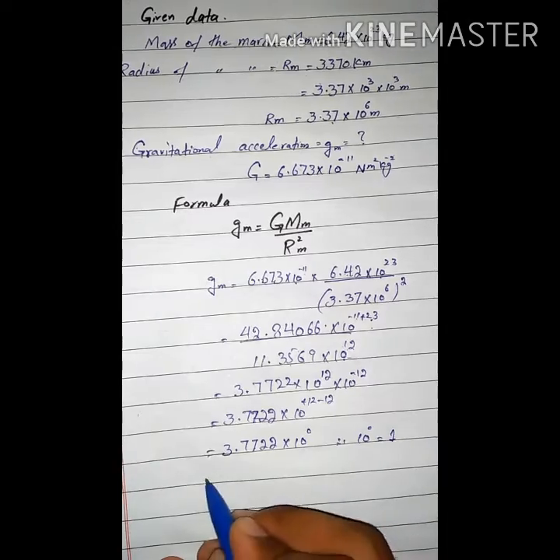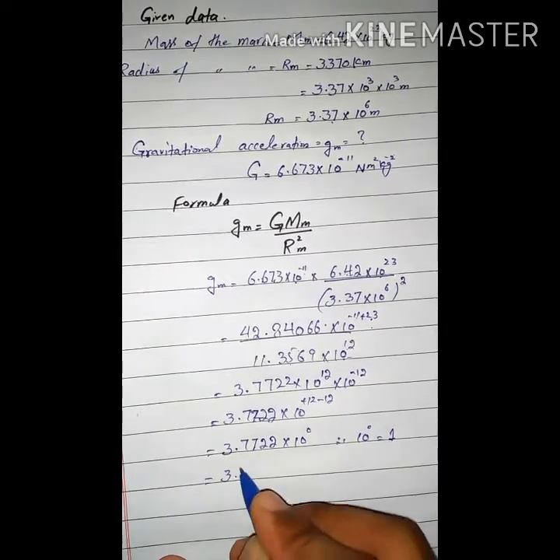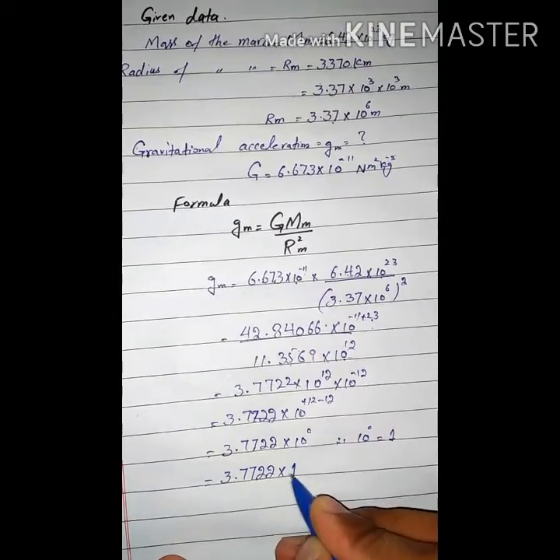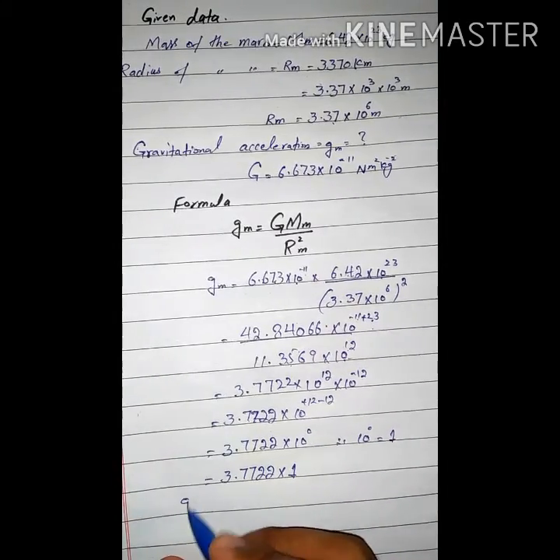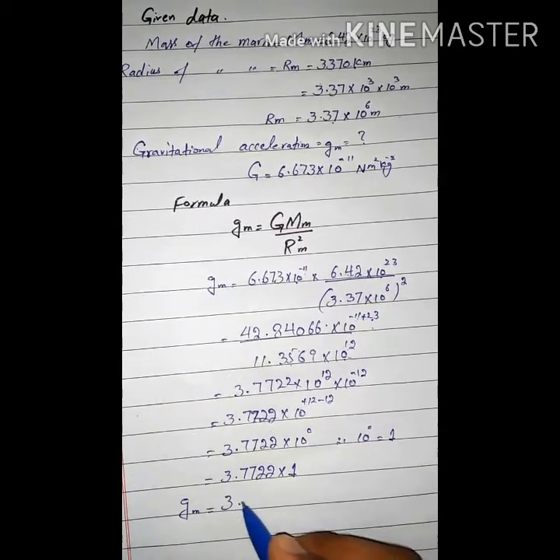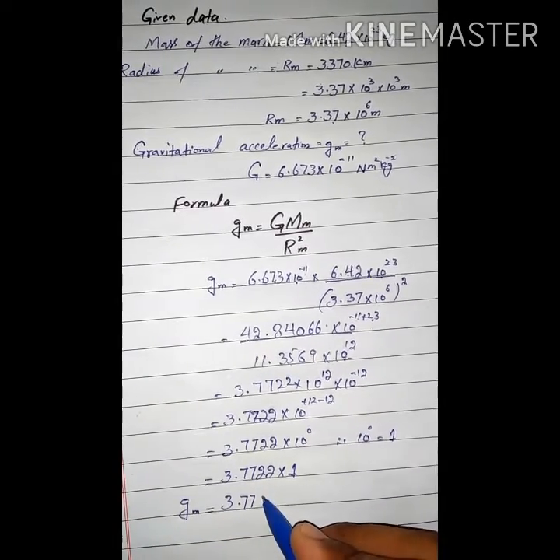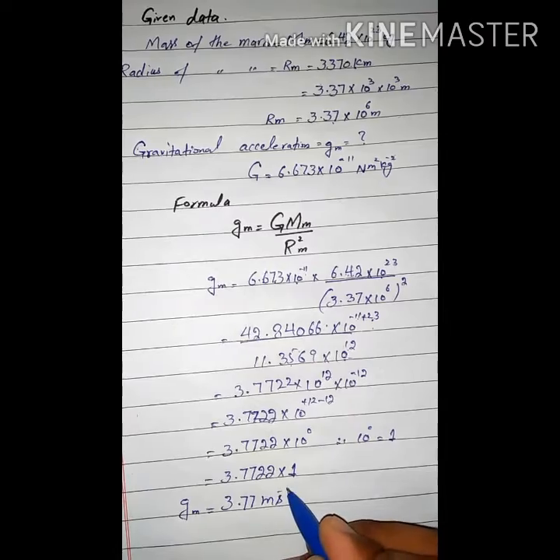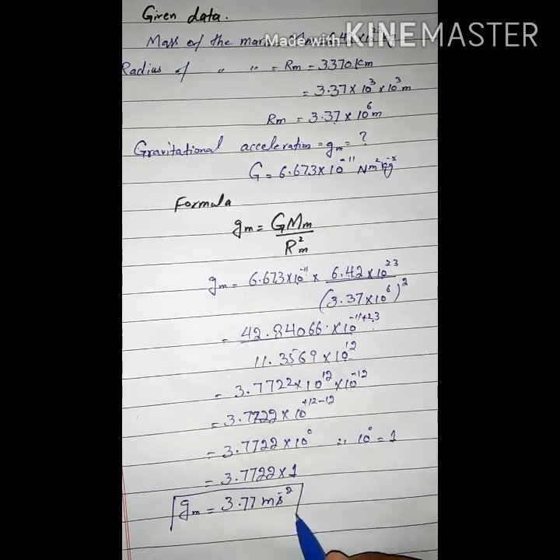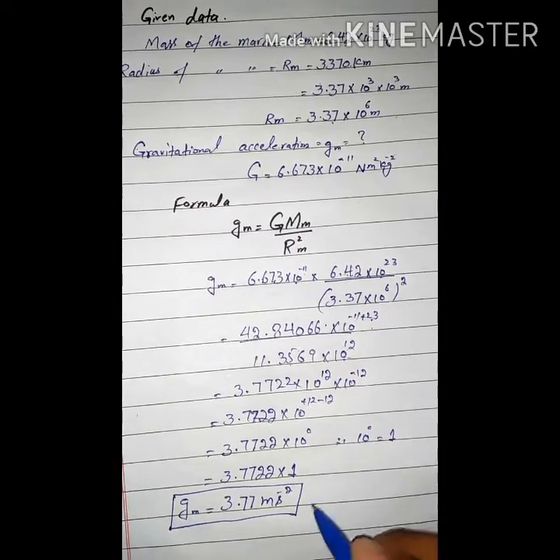Clear? Okay, now 3.7722 multiplied by 1. So the answer will become 3.77 meter per second square. That is the value of gravitational acceleration.